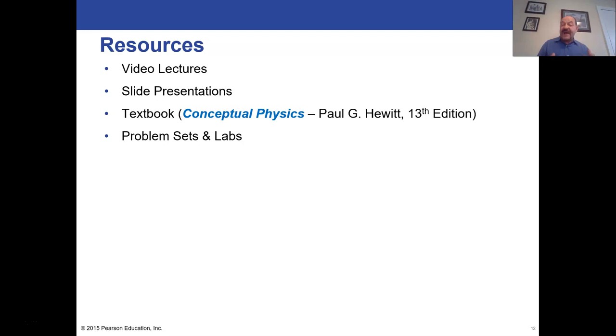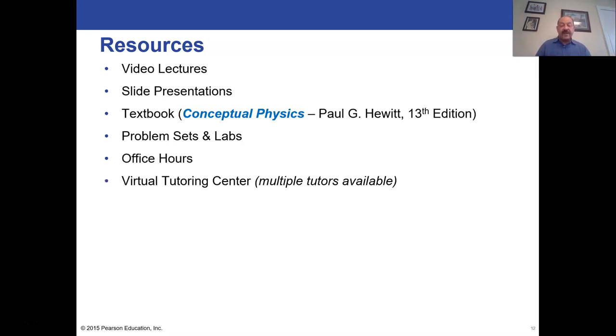There's plenty of math still in it, but it's a lot less than it would be in a more advanced physics course. We also have problem sets that are made by the manufacturer of the textbook, so they go hand in hand with one another, and a lot of the concepts are explained in the problem sets as you're doing the problems. We also have labs that might give you clues about how things are related.